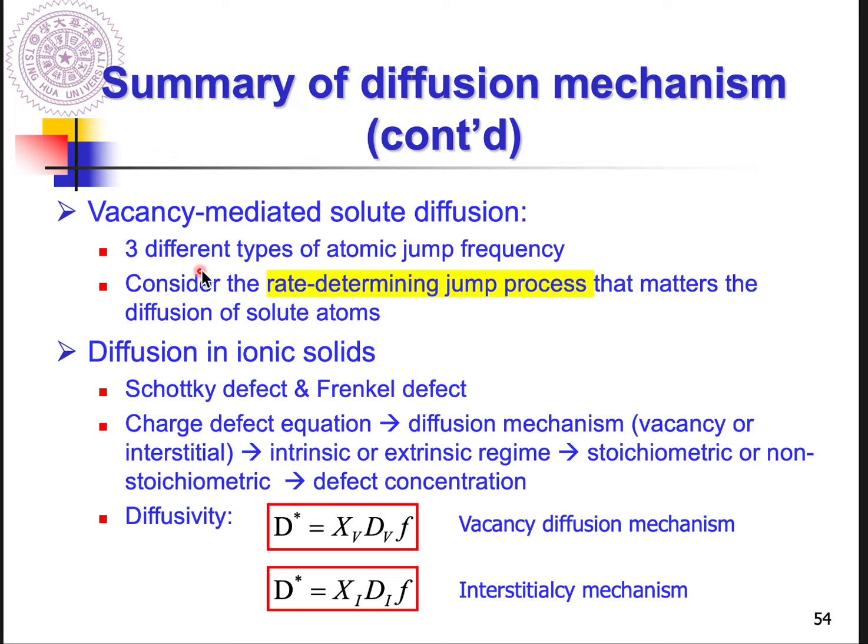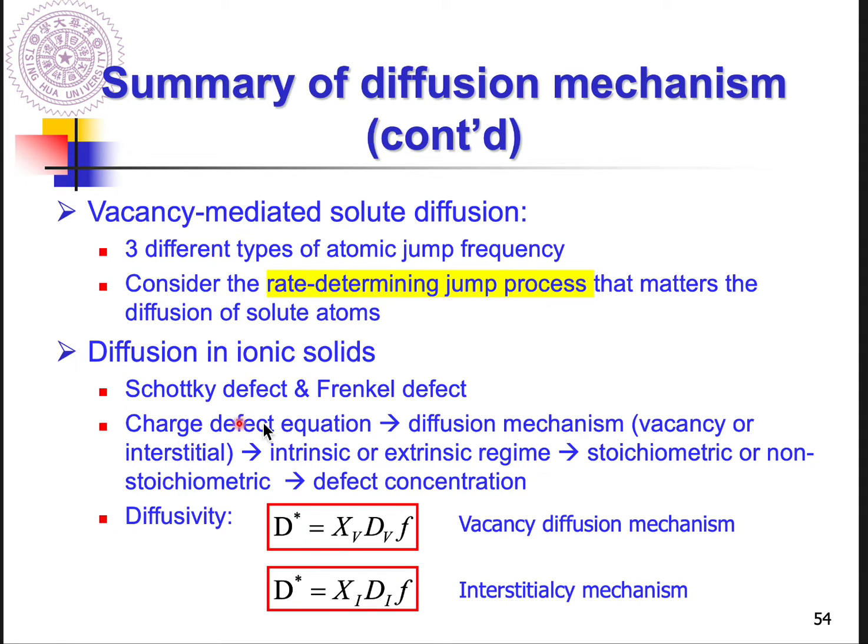So there are 3 different types of atomic jump rate involved in this kind of vacancy-mediated solute diffusion. So we need to consider what the rate-determining jumping process is. Then we can formulate the self-diffusivity for this solute atom.